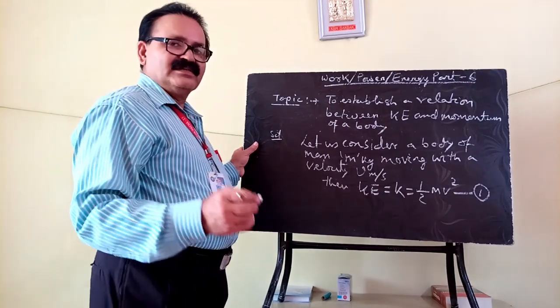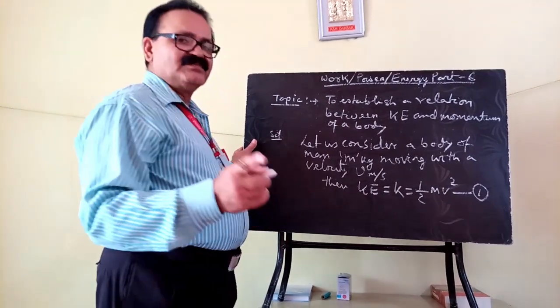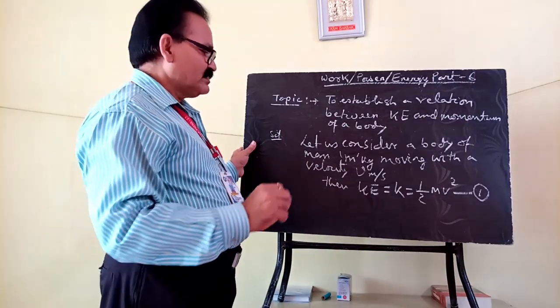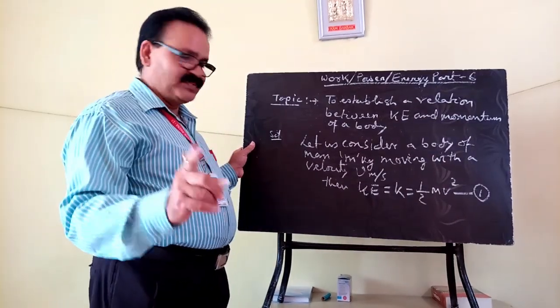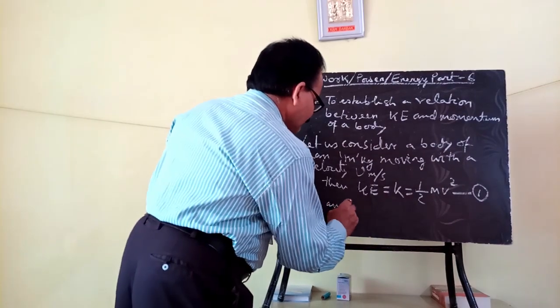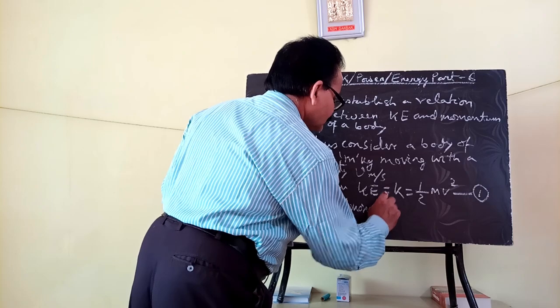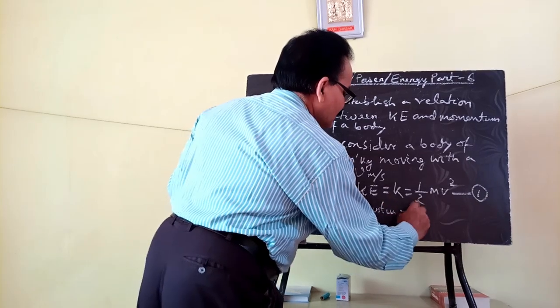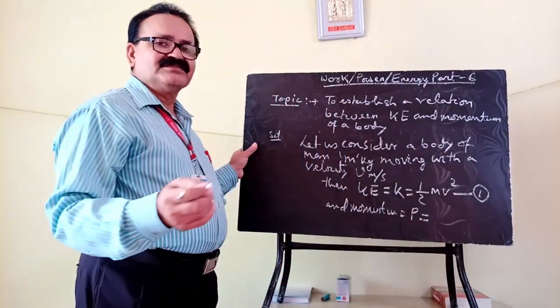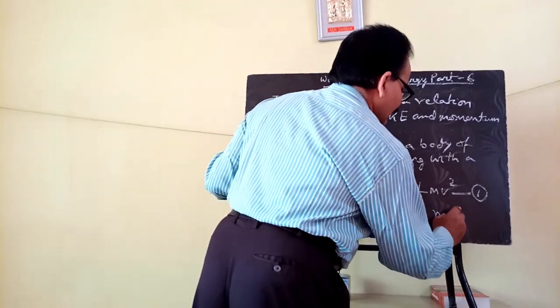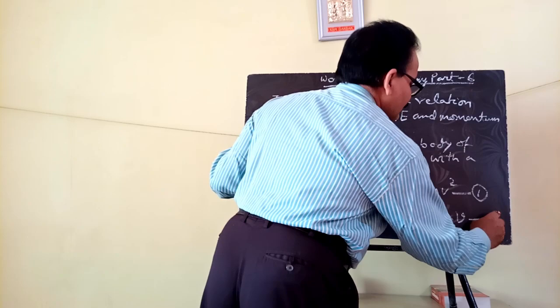And you know the definition of momentum, you have already studied in class 9, that momentum is denoted by P, which is measured in terms of the product of mass and velocity acquired by the body, that is m into v.